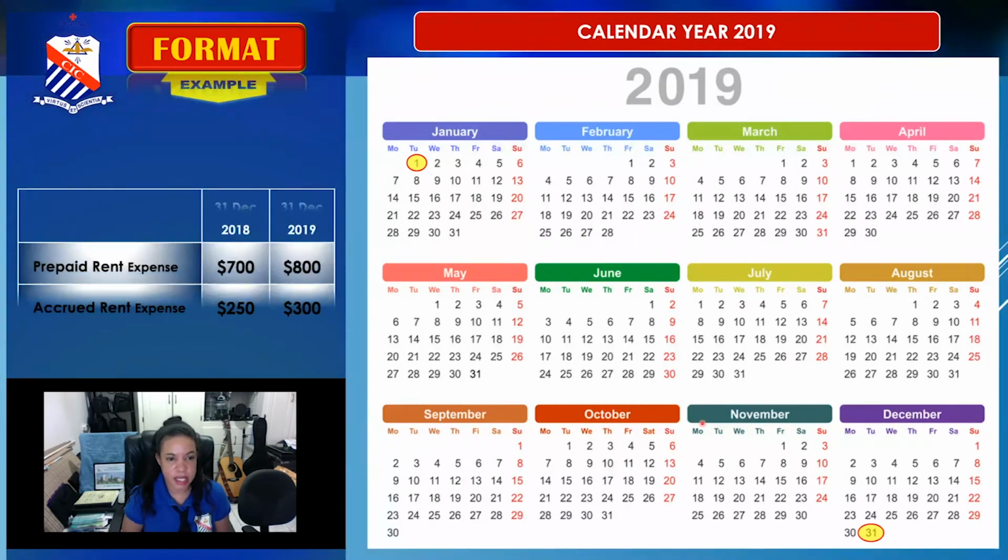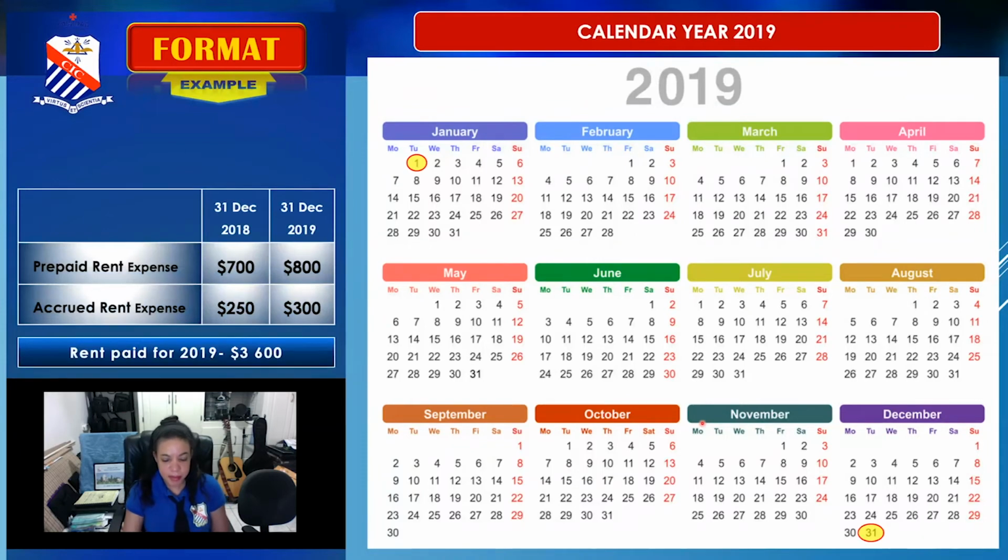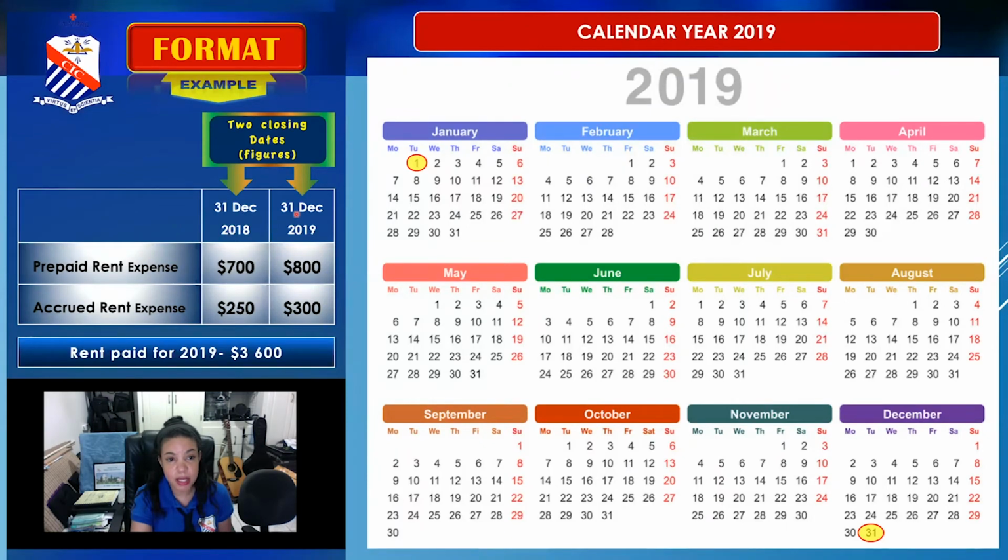So we can have our example here. Look at our two dates. There is no 1st of January 2019. Instead, we have two closing dates, which would be the 31st of December 2018 and the 31st of December 2019.